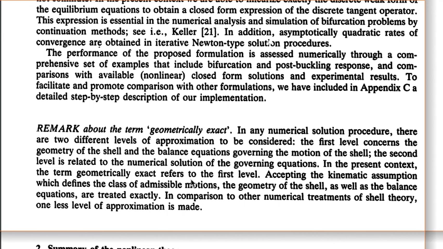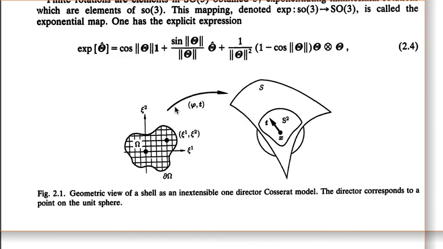That director is inextensible. But in part 4, after they have developed the entire update procedure for the director interpolations and everything, and once they have established that, they are removing that limitation by incorporating extensibility of the director also, by continuing on the same exponential map.